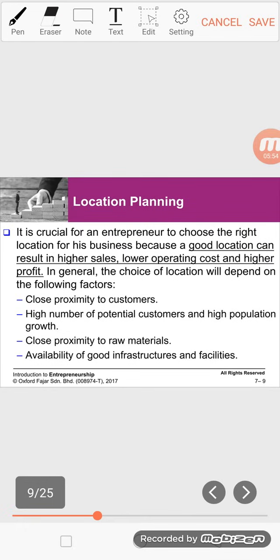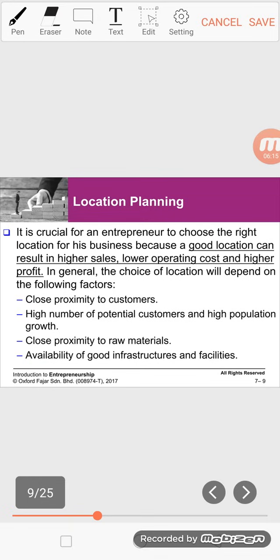Because we don't want to waste cost on transportation. If our transportation cost to get the raw materials is high, it will appear on our financial balance sheet and it will not look good.